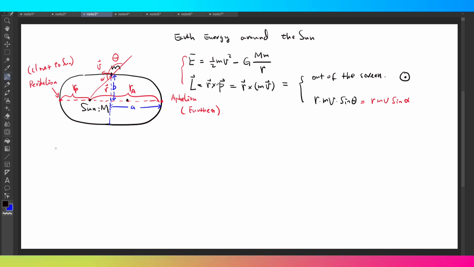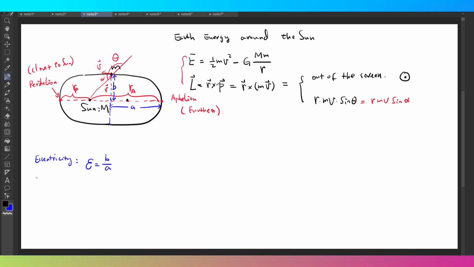Okay, and there's a parameter called eccentricity. Eccentricity, epsilon, is defined as B over A. Okay, so it's just some math definition.